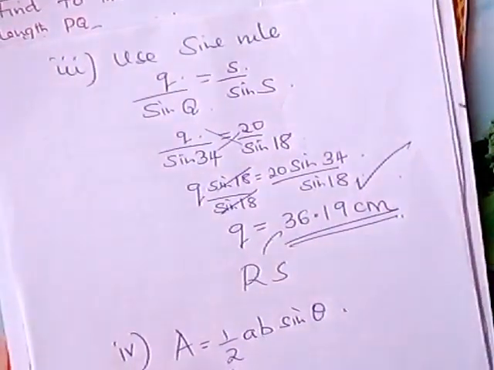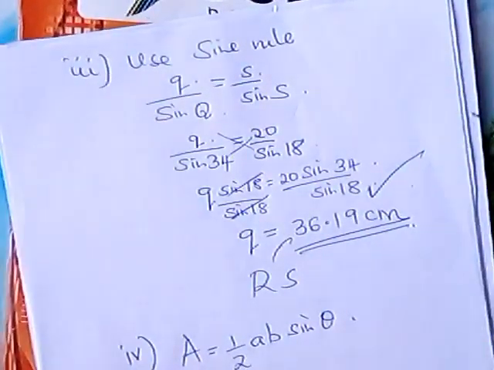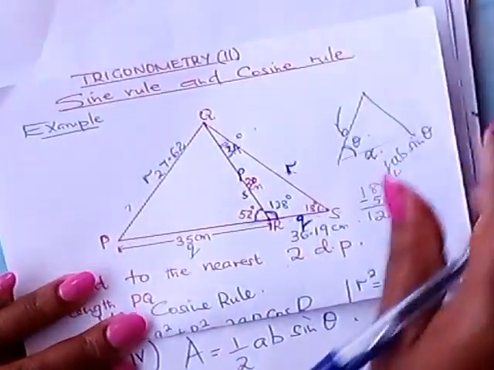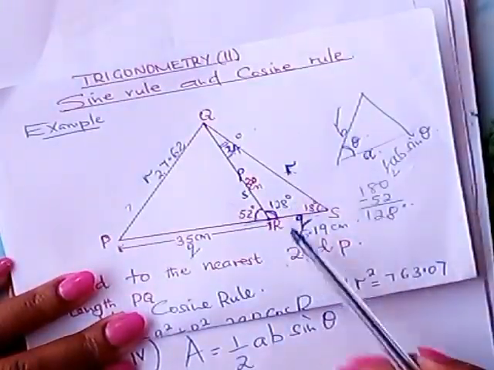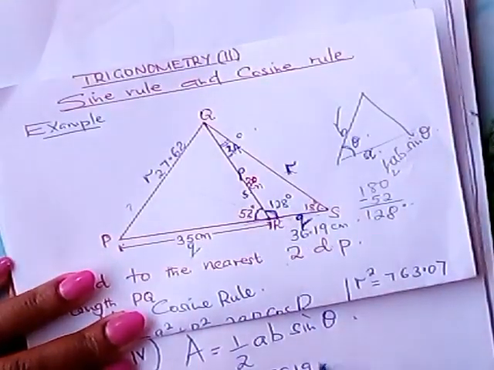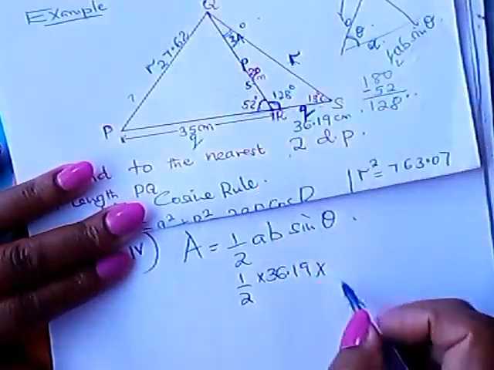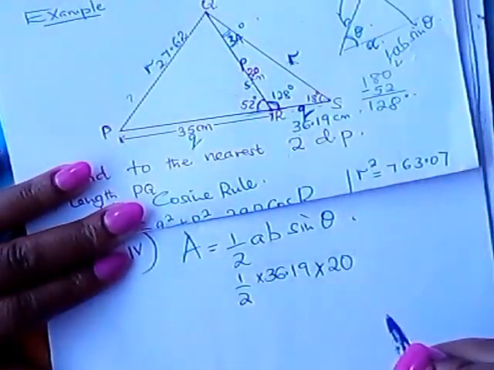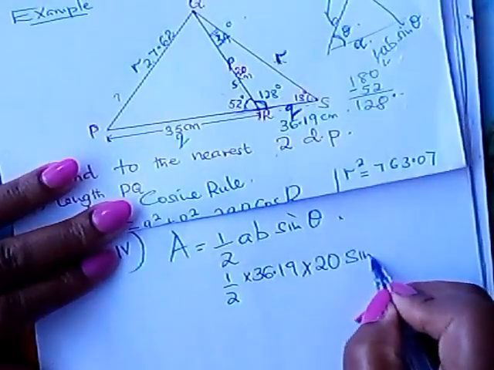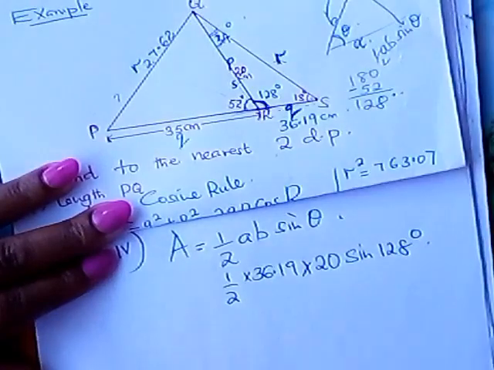And therefore it will be a half times one of the sides. So the area will be a half times this side, 36.19, times this other side, which is 20, times sine of the included angle, 128 degrees.